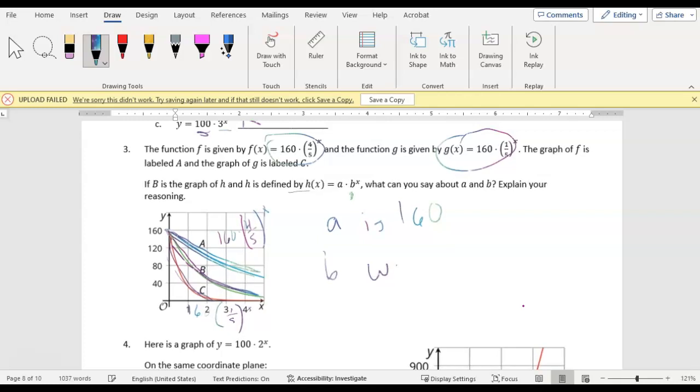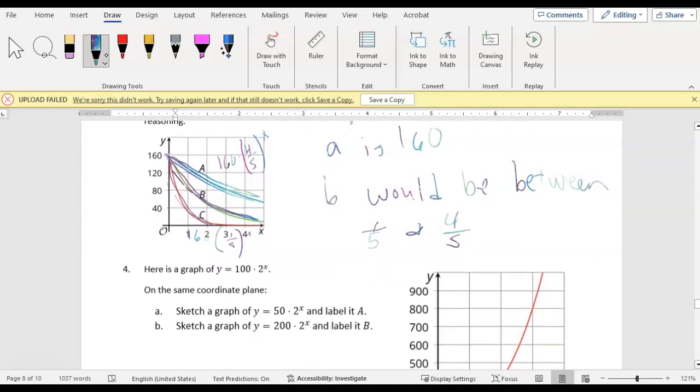So b would be between 1/5 and 4/5. Somewhere between those, we know it would be losing its value, not quite as fast as C, but also not as slowly as A.